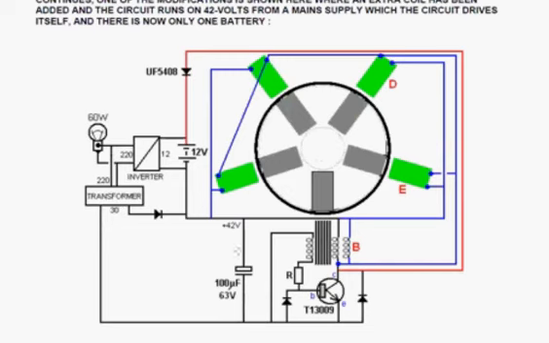And that, with its diode and capacitor, produces 42 volts, which is used by the transistor to drive the entire system. And the 4 extra coils here take power out and feed it back into the input. And this is a system that uses only one 12-volt battery, very simple in construction.